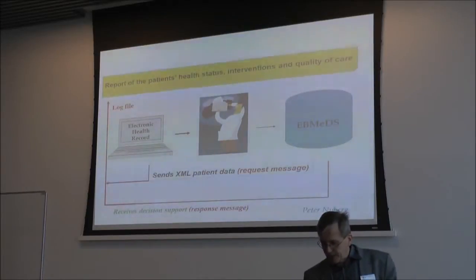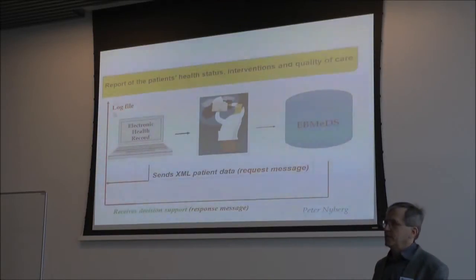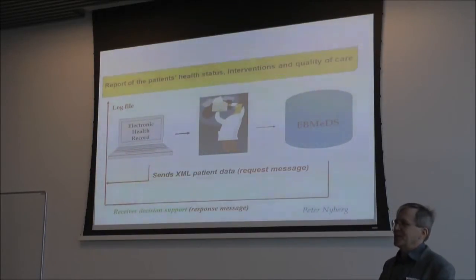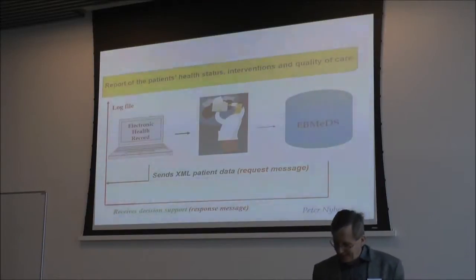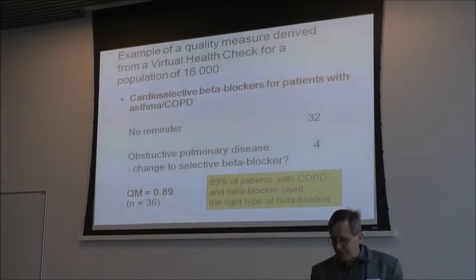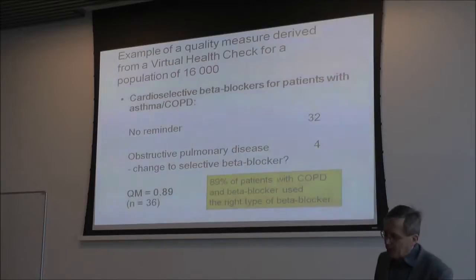And when the response comes from the decision support application, the response and the quality measures built into the response will also be recorded in the log file. So actually this is a quality reporting system.